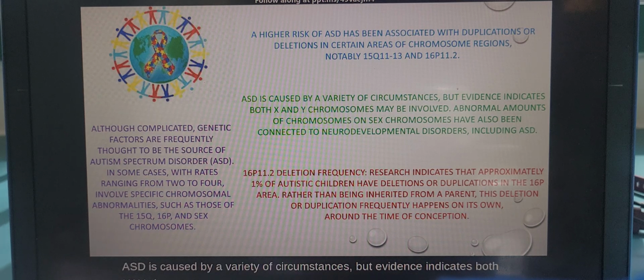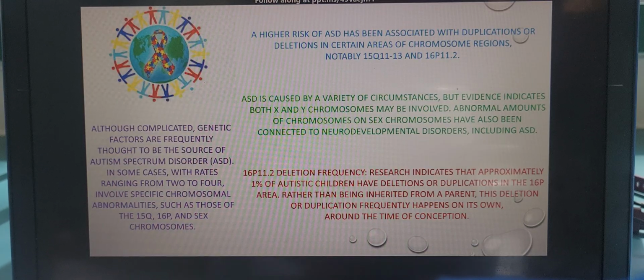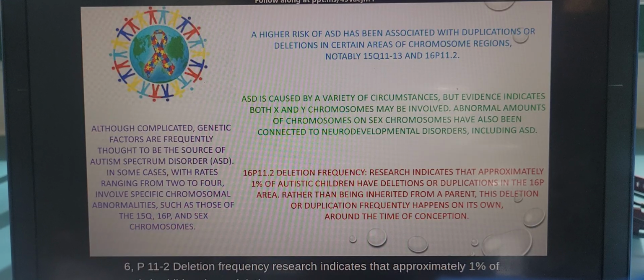Abnormal amounts of chromosomes on sex chromosomes have also been connected to neurodevelopment disorders, including ASD. 16p11.2 deletion frequency. Research indicates that approximately 1% of autistic children have deletions or duplications in the 16p area.